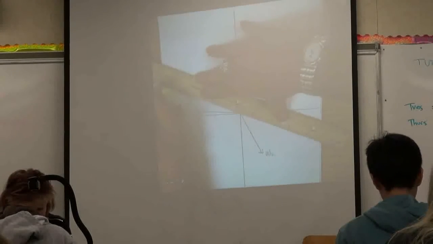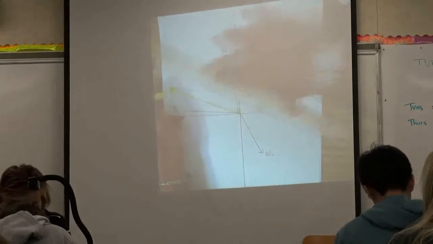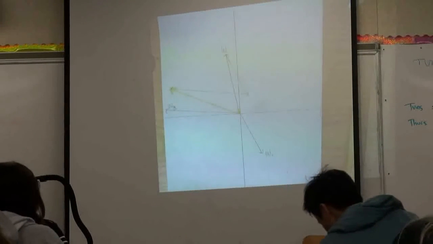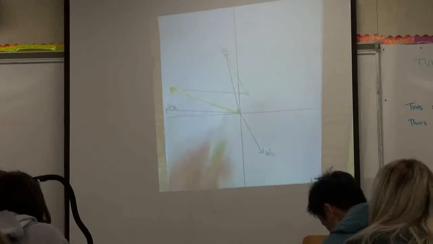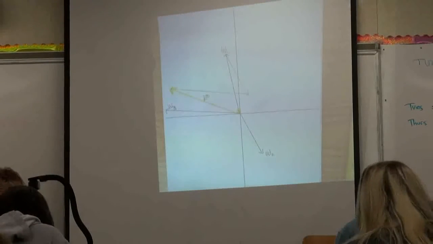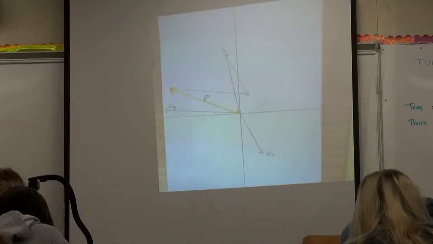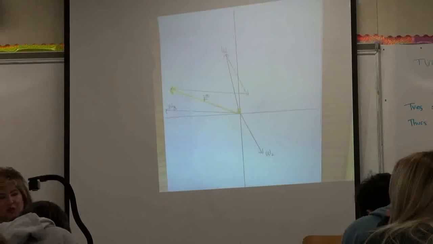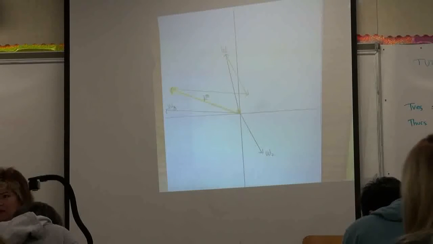And if we connect this, we now have our vector R, or our vector W1 plus W2 plus W3, or our vector F. Please remember that the correct notation for a vector is to put a ray on top of the vector.